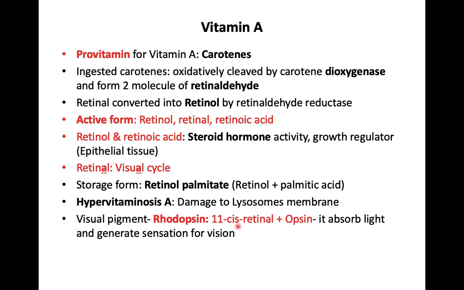So this 11-cis retinal is the active form of vitamin A which helps in formation of the visual pigment rhodopsin. This rhodopsin absorbs the light and generates the visual signals. The process is known as the visual cycle, famously known as Wald's visual cycle, that we will discuss in the functions of vitamin A.